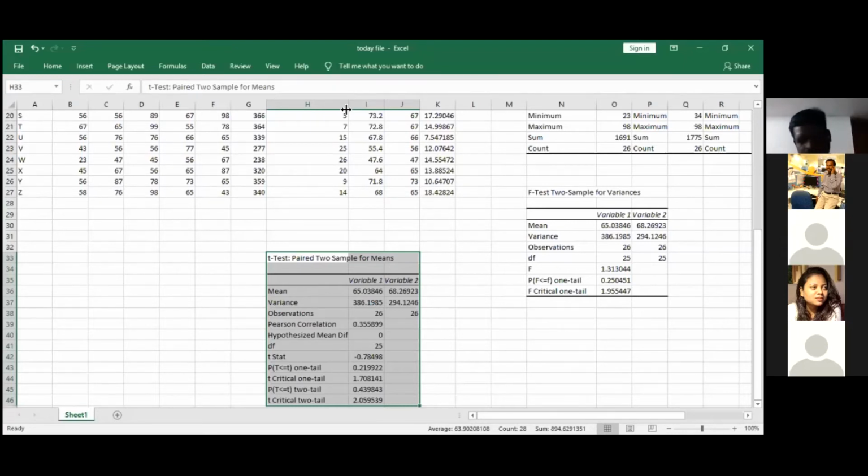You just type the table value with 25 degrees of freedom, and the row and column automatically appear in R. In SPSS, significant or not significant is given automatically. The significance level, 1% or 5%, also appears in SPSS. But here it is not there.